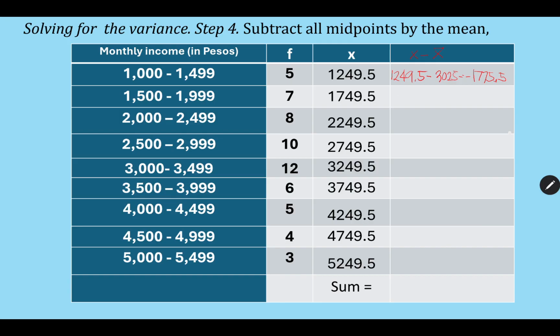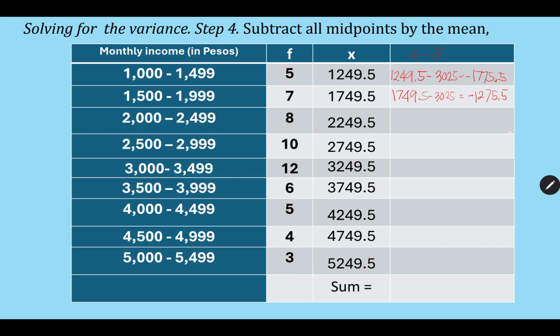class would give us negative, okay, so this will be 1,749.5 minus the same mean of 3,025, and this would be negative 1,275.5.